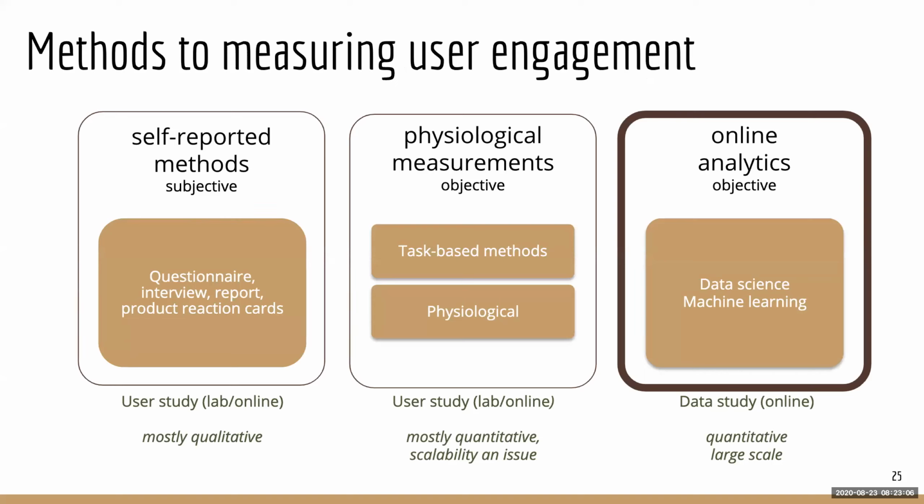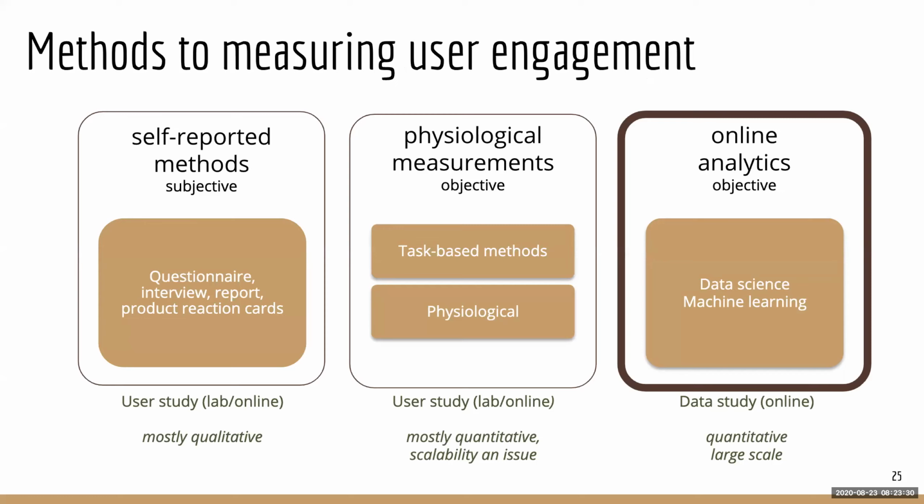There are 3 overall methods to measure user engagement. We will focus on the last one, related to online analytics, but it's important to be aware there are other methods. Self-reported methods go back to subjective, via questionnaire, interview, reports, and so on.